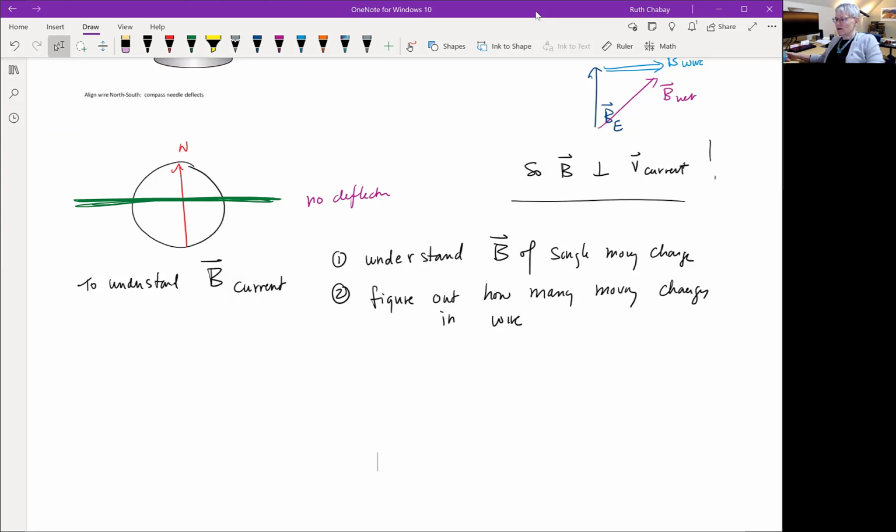Well, why is the magnetic field perpendicular? It's not perpendicular to potential. Potential is a scalar, right? But why is a magnetic field perpendicular to the direction of motion? I think our answer is we observe that it is.